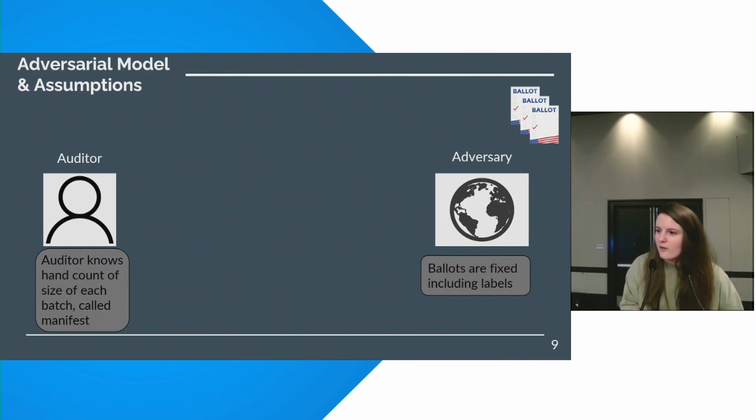This goes back to the overarching assumption that ballots are known, verified, and fixed, and once the adversary assigns identifiers, they cannot change them. So to start, instead of tabulation totals, our adversary is giving batch subtotals, so the number of votes for the reported winner and loser within each batch, instead of the entire election.